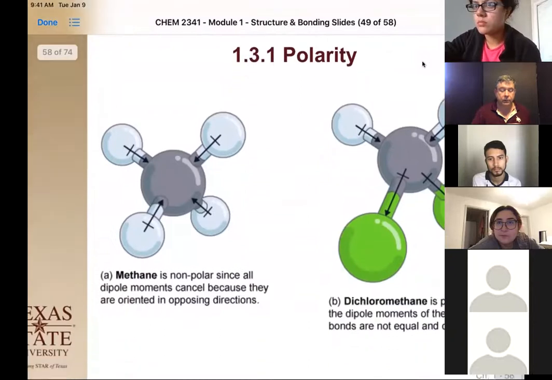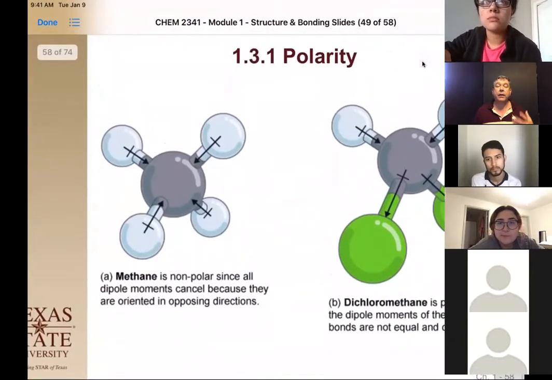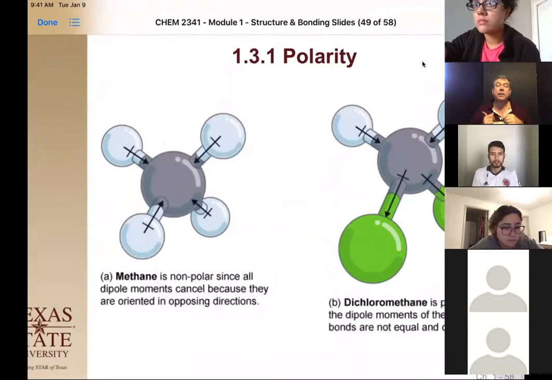Okay, so the first thing we need to think about is the polarity of a molecule. A molecule whose bond dipoles are all pointing in equal and opposite directions tends to be non-polar.